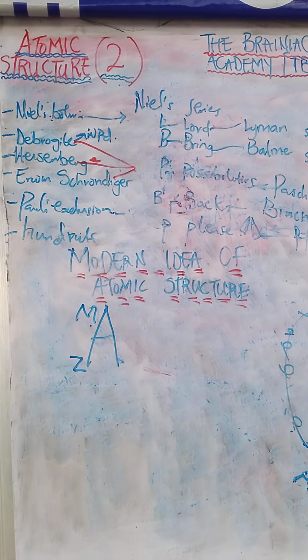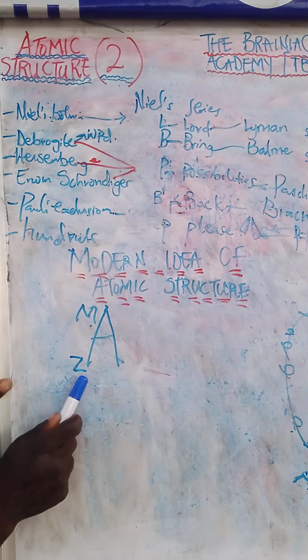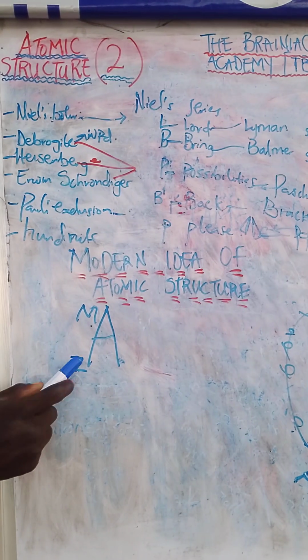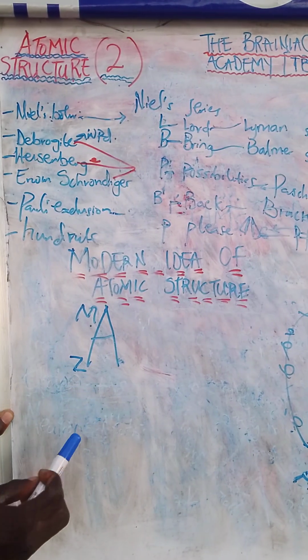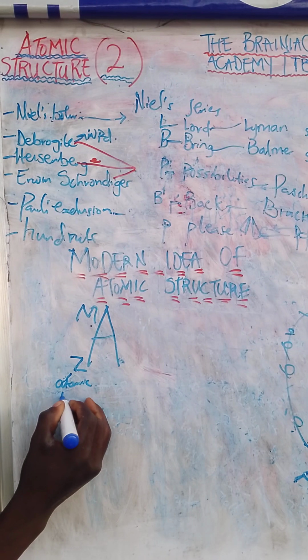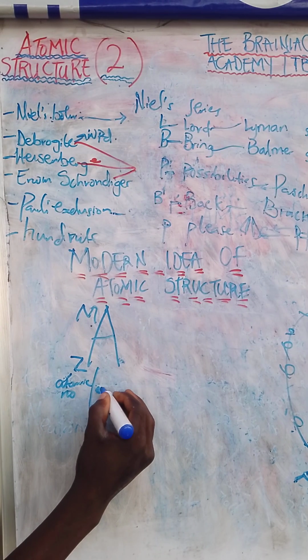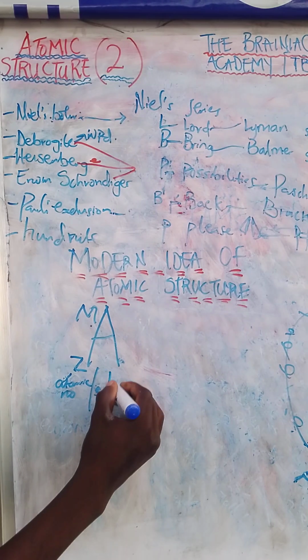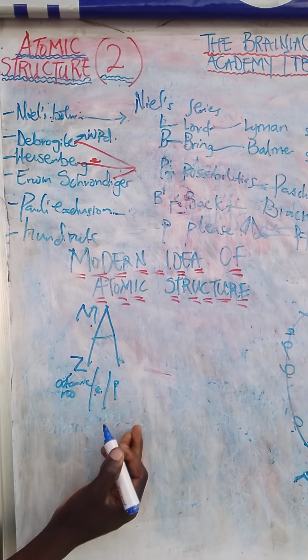Now you see this Z here is your atomic number. It is also your electron number or your proton number.